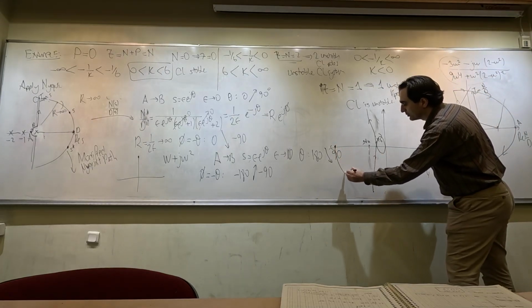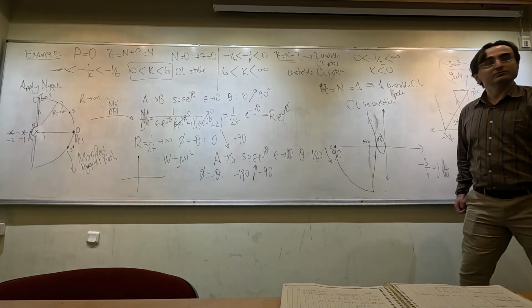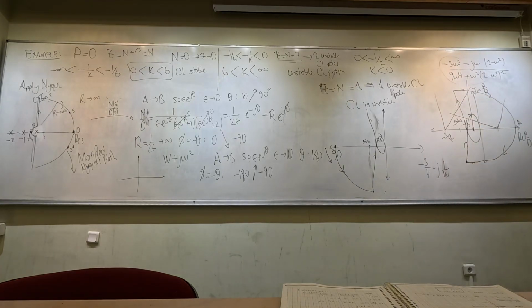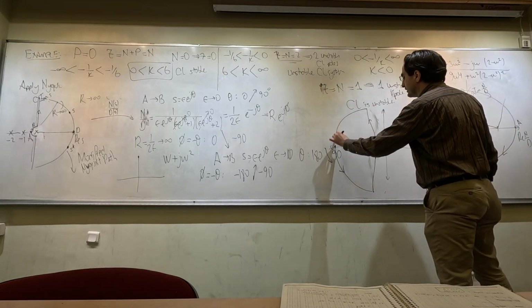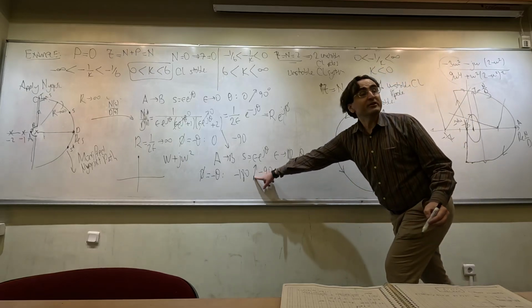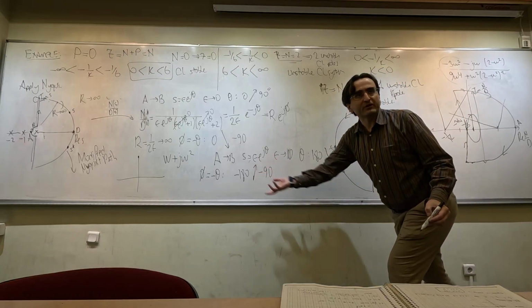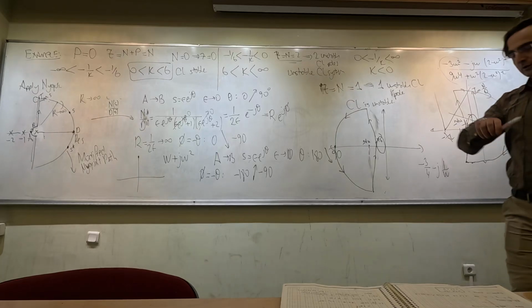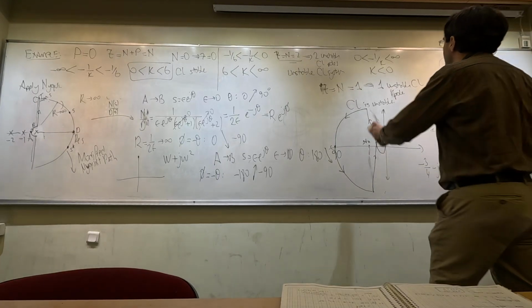Counterclockwise. So I have to go in that direction. I'm going to complete this like this, and the symmetric part of this thing is going to be like that. Increasing means counterclockwise, decreasing means clockwise. So this is going to be my new Nyquist plot.